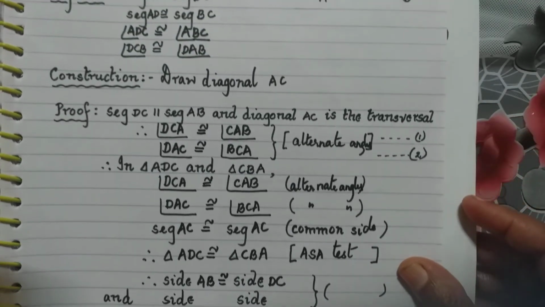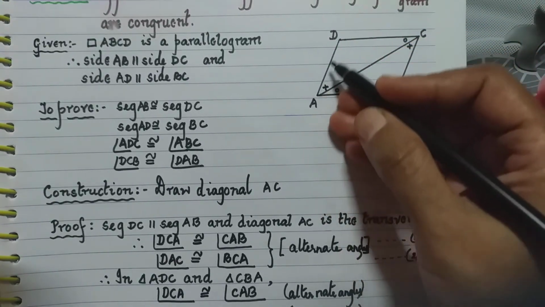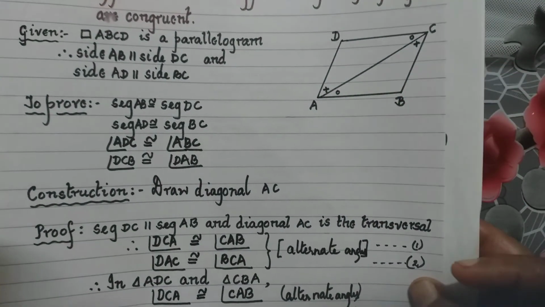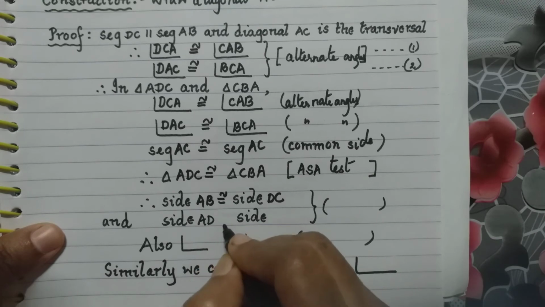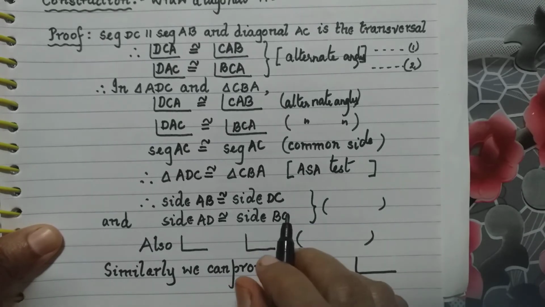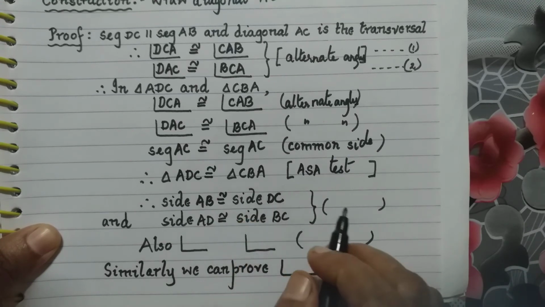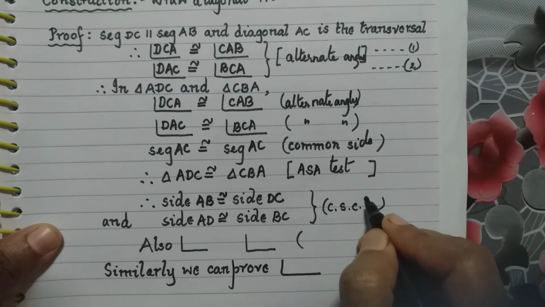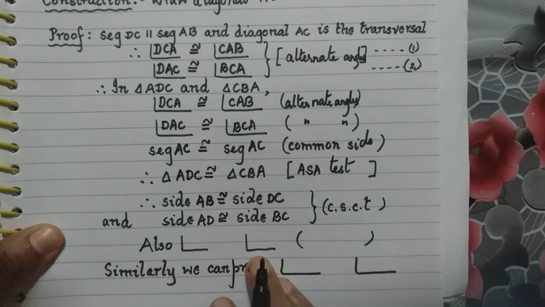The next pair of sides which are congruent is side AD and side BC. So I write here side AD is congruent to side BC. How are these two pairs of sides congruent? Because the two triangles were congruent, by corresponding sides of congruent triangles, CSCT, we can say that these two pairs of sides are congruent.